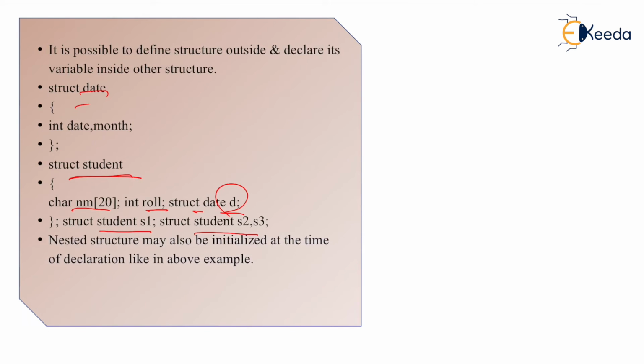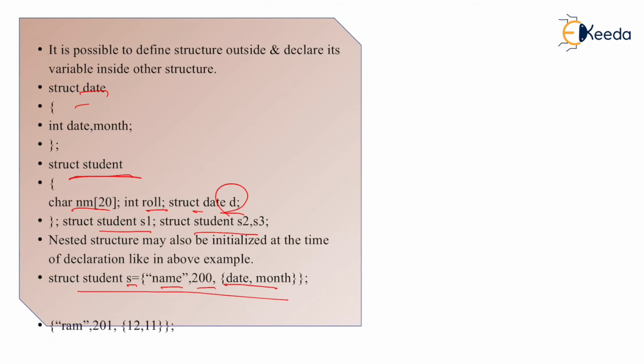A nested structure may also be initialized at the time of declaration, like in the above example. Struct student s, name[200] and date with a month. So this is also possible. So how can we declare it? Ram, 201 and 12 and 11.